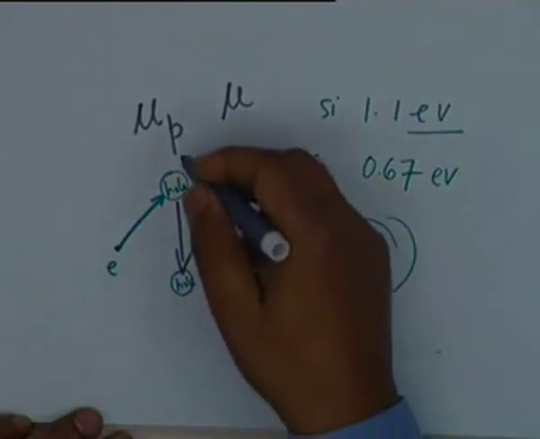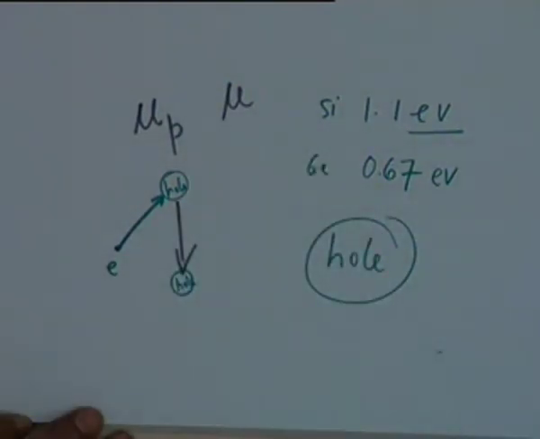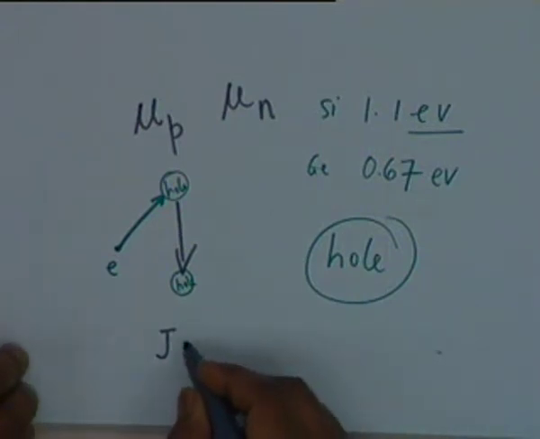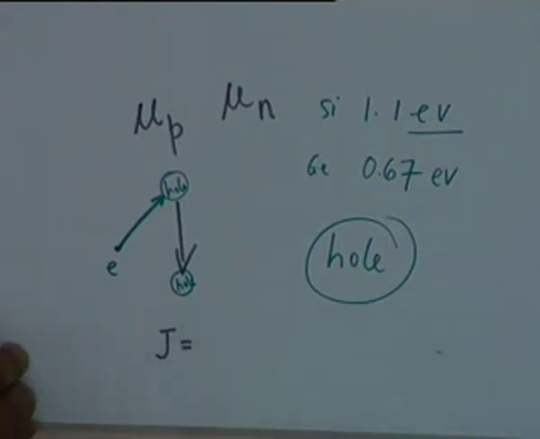Instead of H we write P, P for positive because holes are positively charged, and instead of electrons we write N, that is the negative charges. And therefore the current density, if we take the same equation as we derived in the case of a metal, shall now depend on electrons as well as holes.